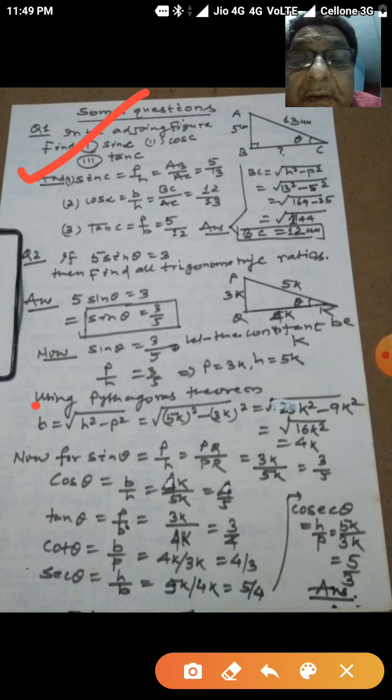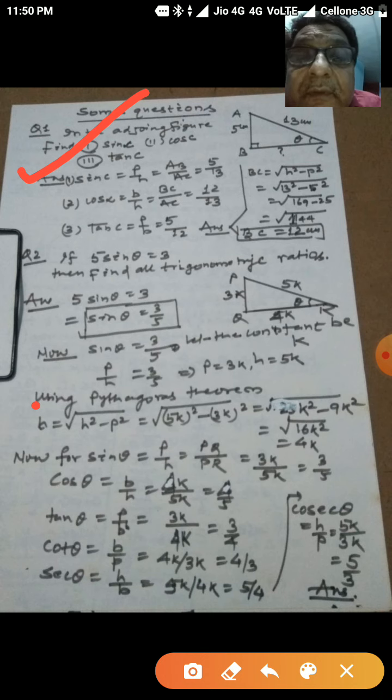So separating them, P equal to 3k and H equal to 5k, where k is a constant. We know that when separating a ratio we must multiply the value by a constant, and traditionally in trigonometry we take the constant k. That's why such questions are also popularly known as k method questions. So now we have P equal to 3k and H equal to 5k.